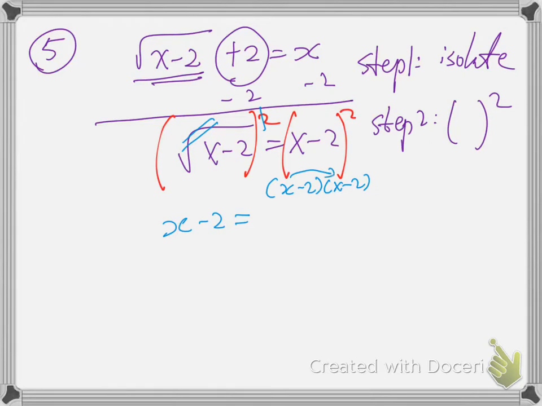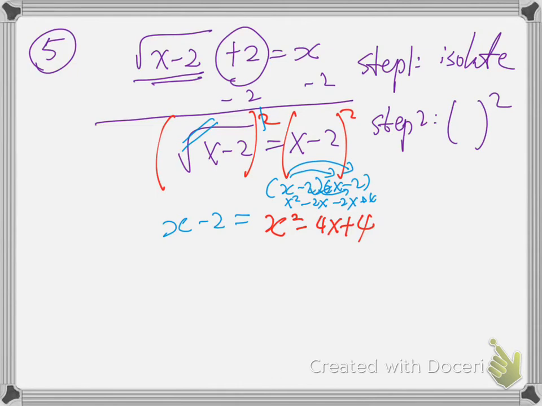So x times x is x squared, and then x times negative 2 is minus 2x, 2 times x is negative 2x, negative 2 times negative 2 is positive 4. So this side is x squared minus 4x plus 4. You have to use FOIL method to find x minus 2 squared.